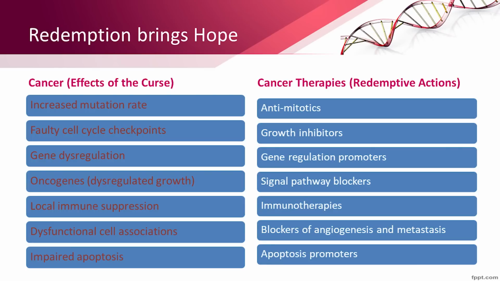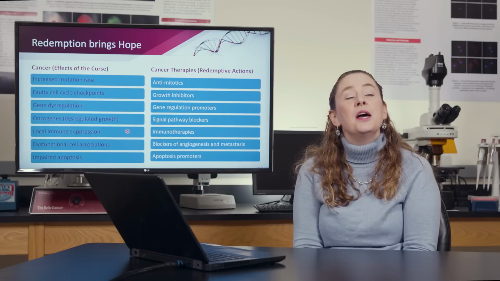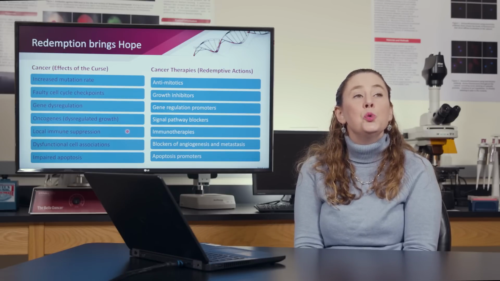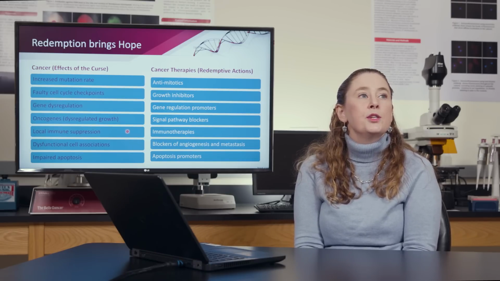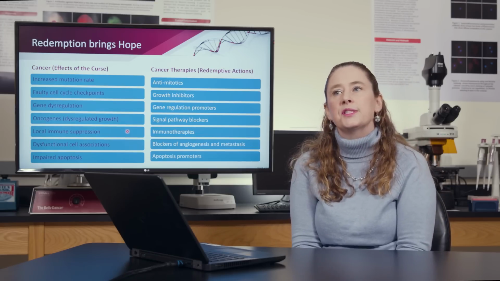Another very strange characteristic of cancer that we're starting to understand better and better is that cancer cells can tell the immune system, basically, that there's nothing to see here. There is a local immune suppression that is done by cancer cells to the immune cells. So your immune cells do have the capability to fight off and kill cancer cells.